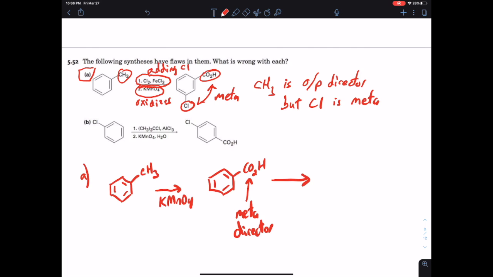So now if we add the chlorine, it's going to add it in the meta position. So that was the problem with that one.